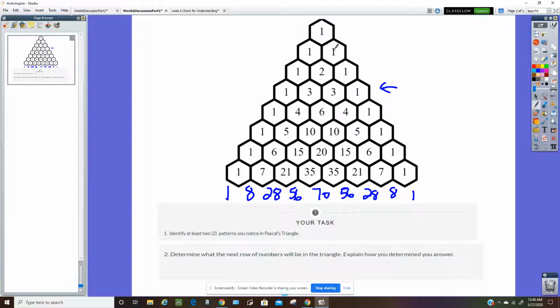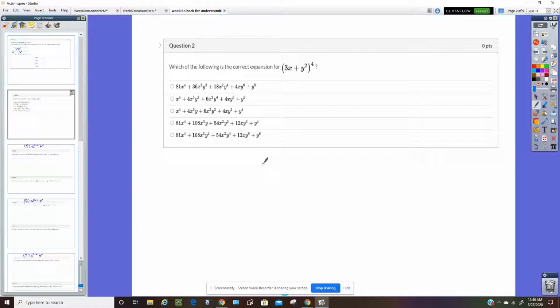So 0, 1, 2, 3, 4 is this one right here. The coefficients are 1, 4, 6, 4, 1.